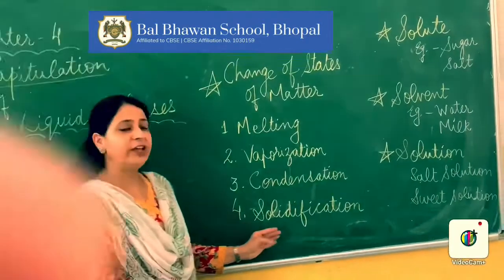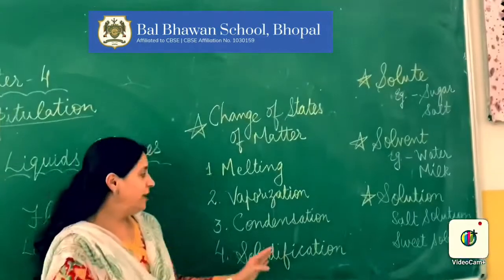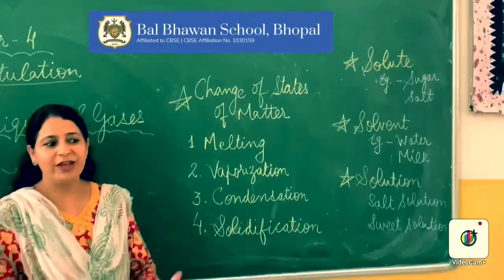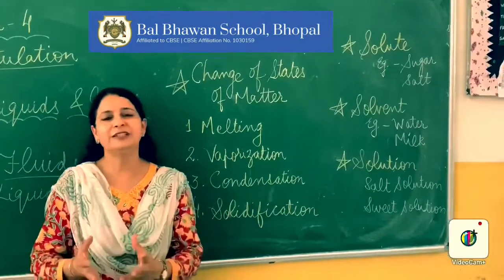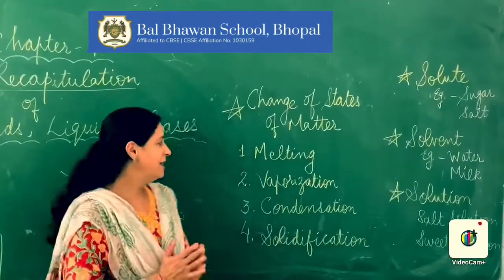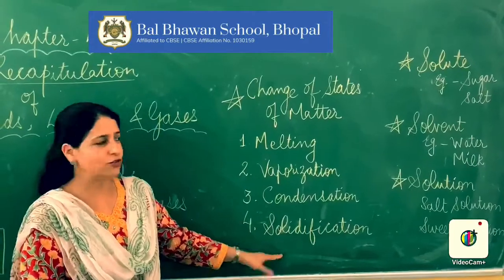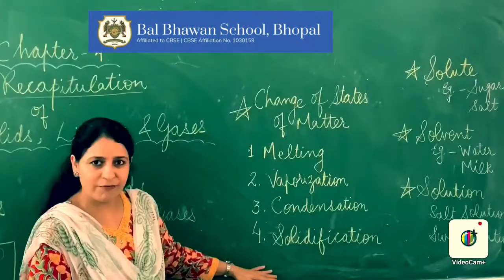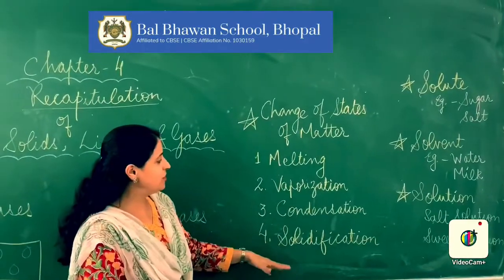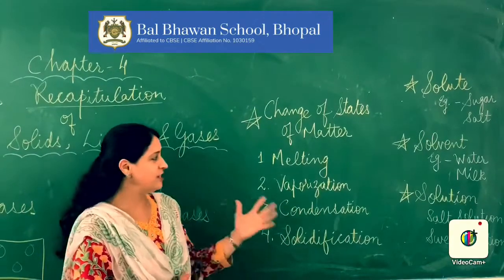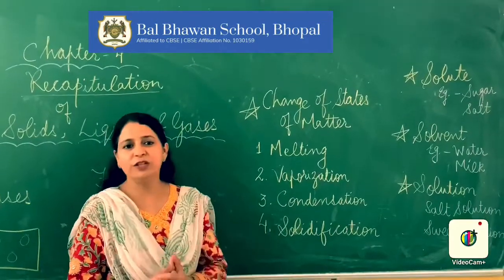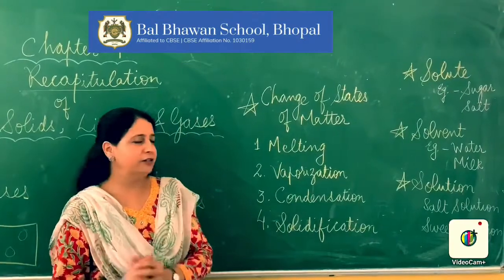And solidification is when the liquid turns into solid. When we put water in the freezer and it turns into ice, that is called solidification. So these are the changes in the states of matter, and the states of matter are interchangeable from one state to another.